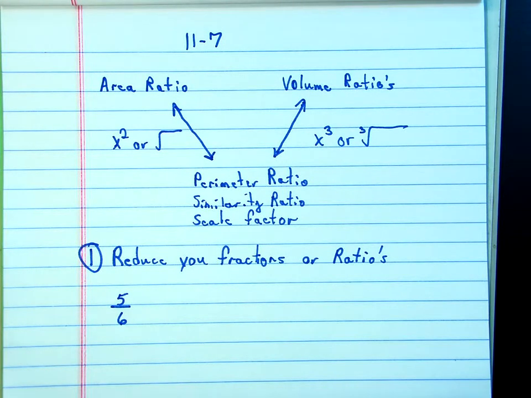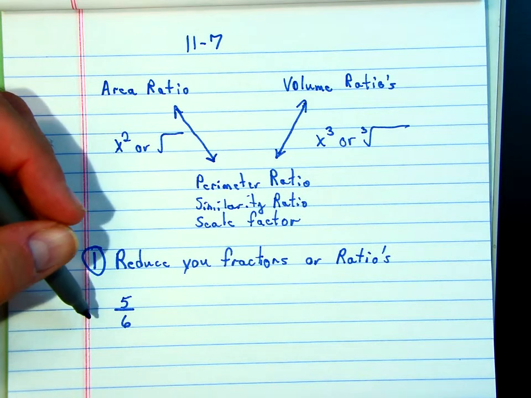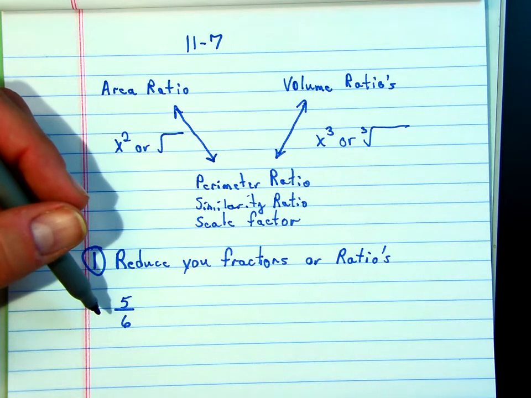So if they are similar, the scale factor is 5 to 6, because first figure to the second figure means your figure is getting smaller, so my scale factor has to have the smaller number on top. Now you have to be careful because in the book the answers are wrong. They do it backwards for some reason, and it's not correct.